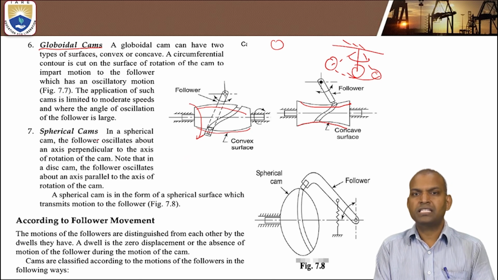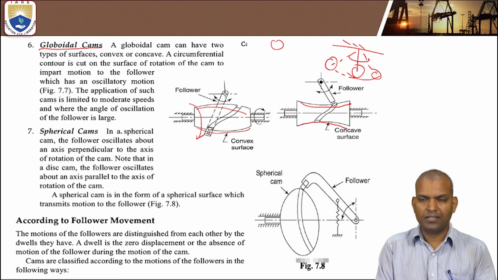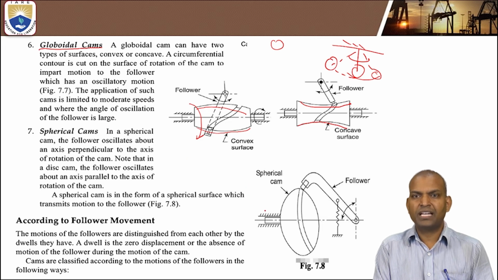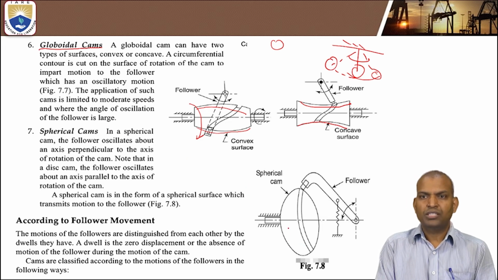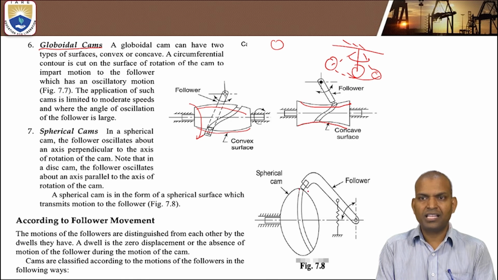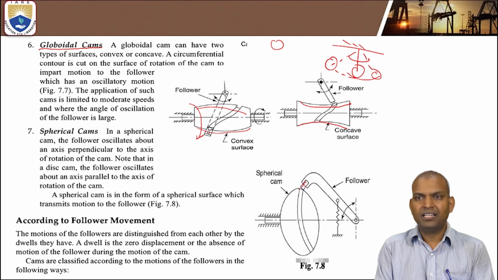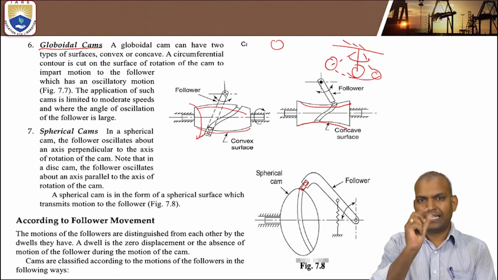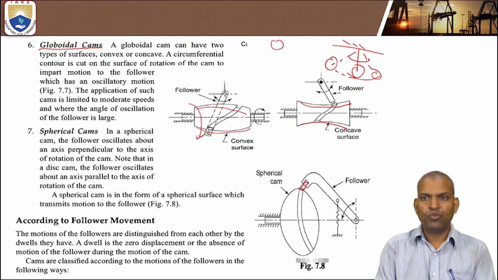Next, finally, the seventh one is a spherical cam. We can see the spherical cam in the figure. So the spherical cam is completely a sphere. The groove is cut on the surface of the sphere, and here it is a roller type. The roller of the follower, what will happen?